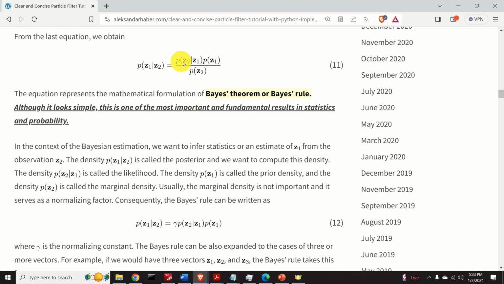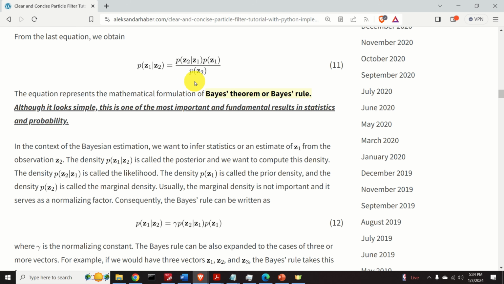This density over here is called the likelihood. This density over here is called the prior density, and this density over here in the denominator is called the marginal density. Usually the marginal density is not important and it serves as a normalizing factor.